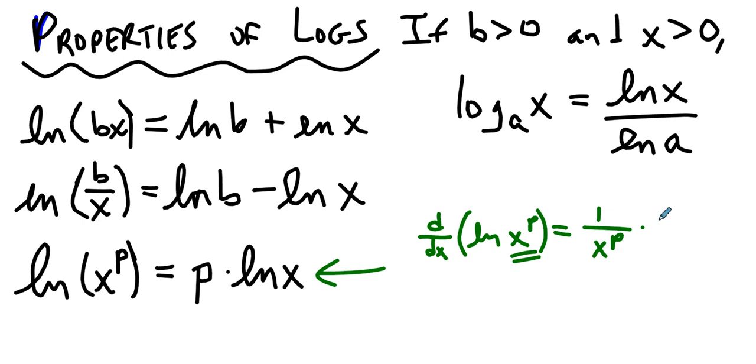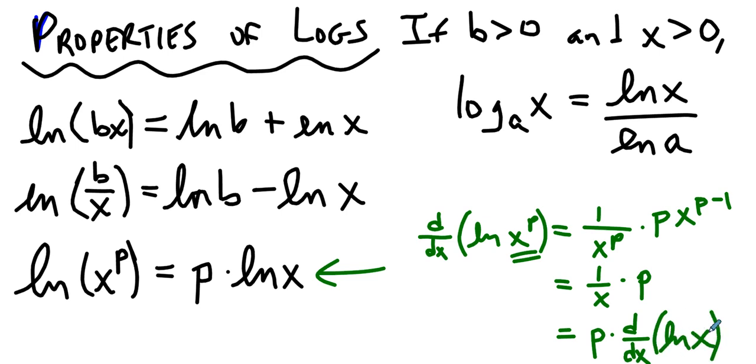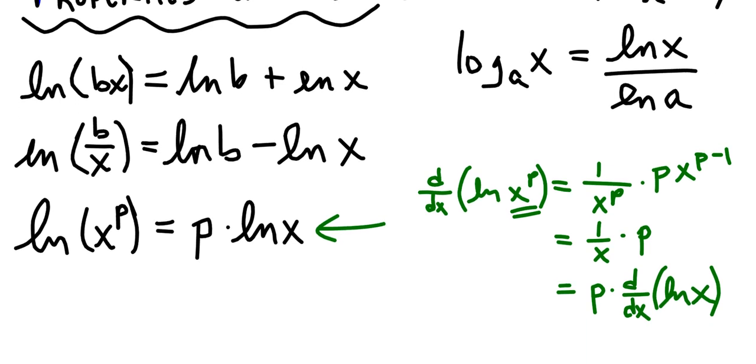That's p x to the p minus 1. Well, what's that? A bunch of these cancel out with a bunch of those, and you get 1 over x times p. Well, p is just a number. 1 over x happens to be the derivative of natural log x. Well, so what? Well, that p can come and play inside.